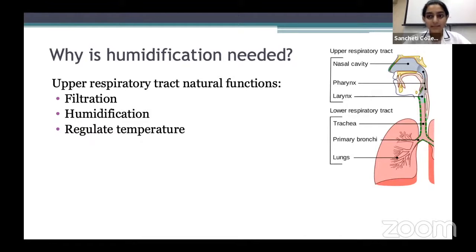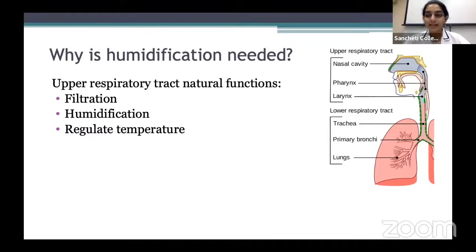The upper respiratory tract includes everything from the nose, the nasal cavity, the sinuses, the part of the pharynx, all the way down to the larynx, till the point of the epiglottis. So what exactly is the upper respiratory tract doing here? It brings about filtration of the air I'm breathing in, humidification, and regulation of temperature.